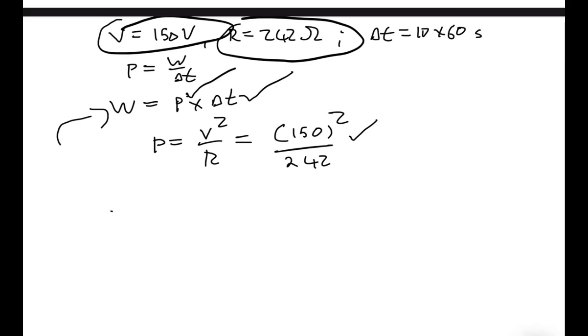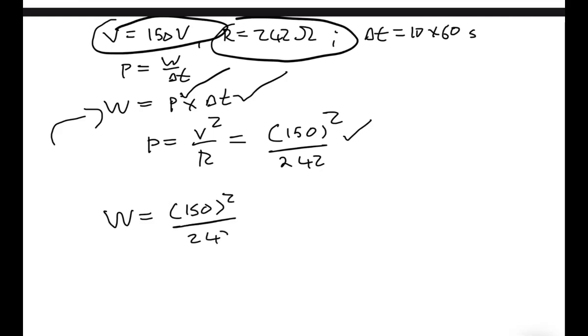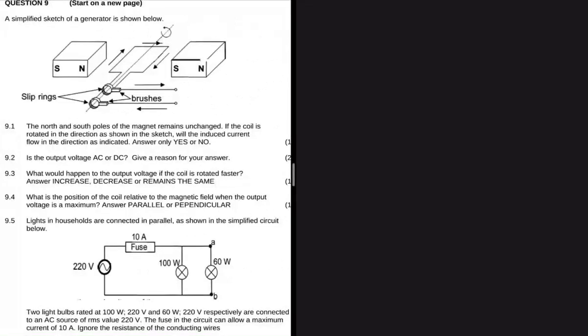So we're going to have the energy dissipated in 10 minutes being equal to the power, which is 150 squared divided by 242 multiplied by 10 minutes multiplied by 60. We're converting that to seconds, and then we get the energy dissipated of 5,578,512 joules.